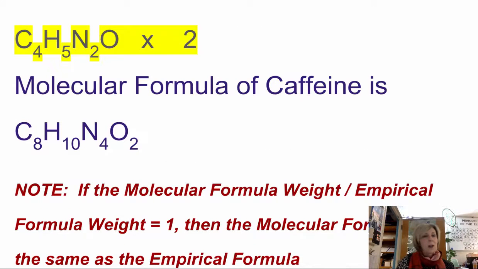So that's very close to 2. So I take the empirical formula that they gave me in the problem, or a lot of times you have to calculate that, times 2, because that was the whole number that I got when I divided the molecular formula weight by the empirical formula weight in the last step.